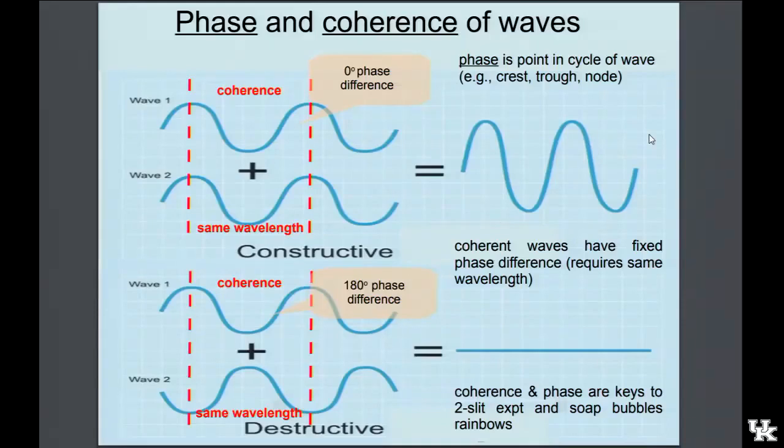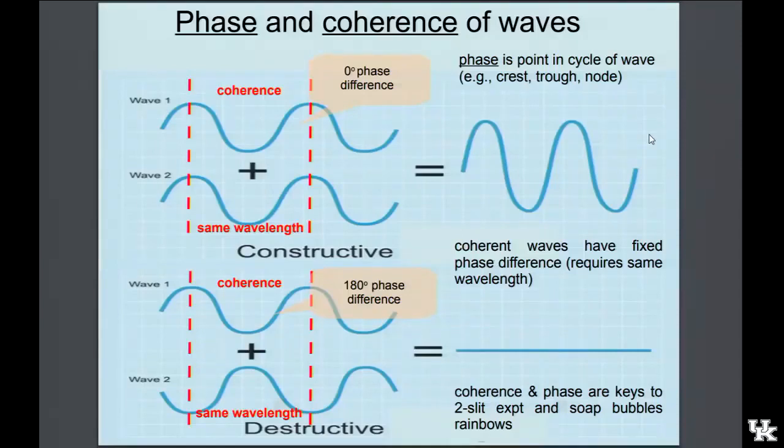So in these two cases where we see interference, it's either constructive or destructive interference, I would say that this is because these waves are coherent. There's always a fixed phase difference between them. And in one case, the constructive case, the phase difference is 0 degrees.